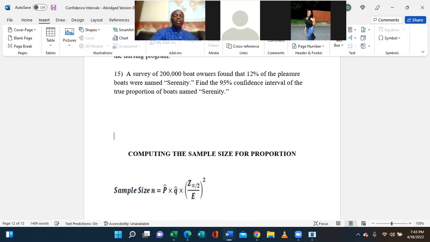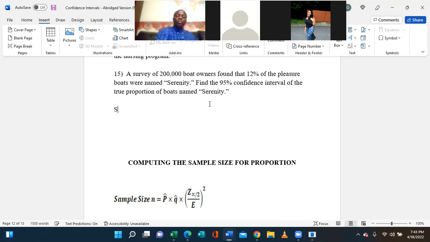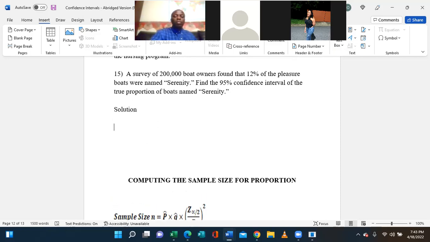In that case, they already gave you the value of P hat, which is 12%. How many boats were selected? They said 200,000. So our N is 200,000.